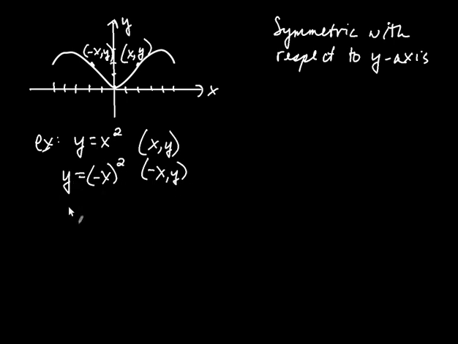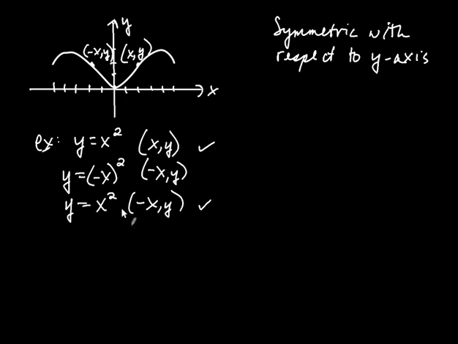Well, y equals negative x squared, which is the same as y equals, well, when you square negative x, let's erase that parenthesis, negative x squared is just y equals x squared. Okay, and this is the curve satisfied by the point negative xy. Now what we see is that xy satisfied this, and negative xy satisfies that, right?